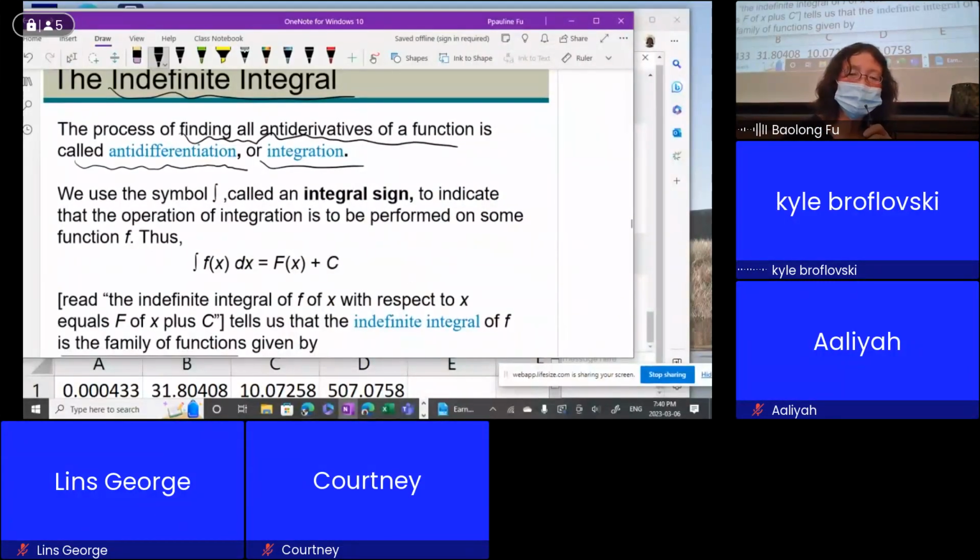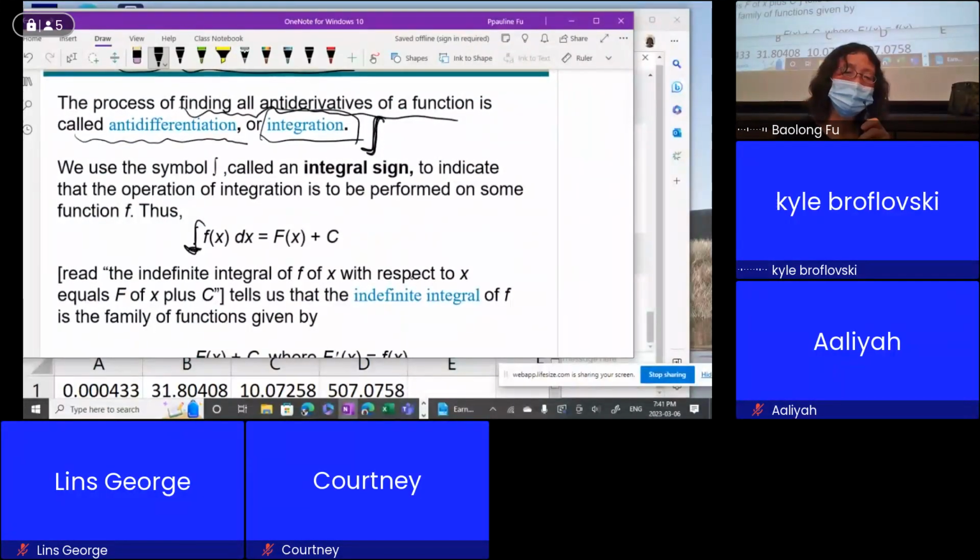We use integration. Mathematically, this sign is the integral sign. Small letter f, if you use integration, you can get the antiderivative. Capital F is the antiderivative function. There are many antiderivative functions, so we add a constant c.